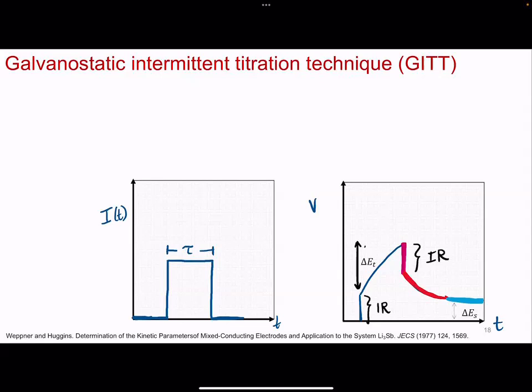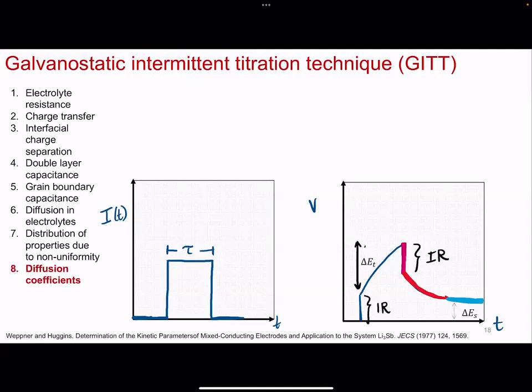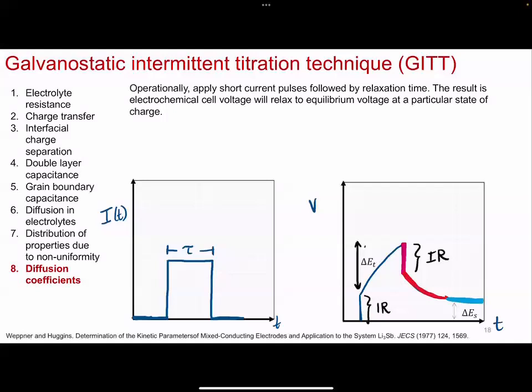So this technique takes a long time. It takes months just to do a proper GITT experiment. But what you can get out, with care, is some useful information about the diffusion coefficient.